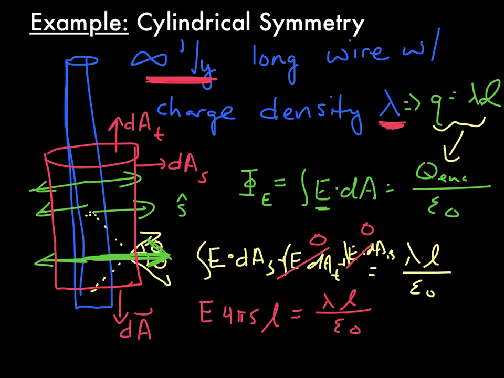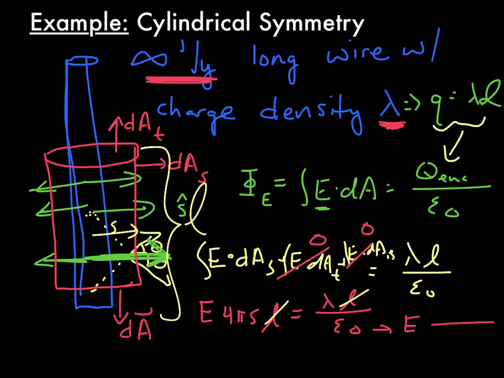L would be this length, draw that in here, this is L, and this would be S. We'll notice that these L's go away, and you are left with E for a cylinder, infinitely long cylinder, equals lambda over 4 pi, how far you are away, epsilon naught, radially outward from the cylinder.